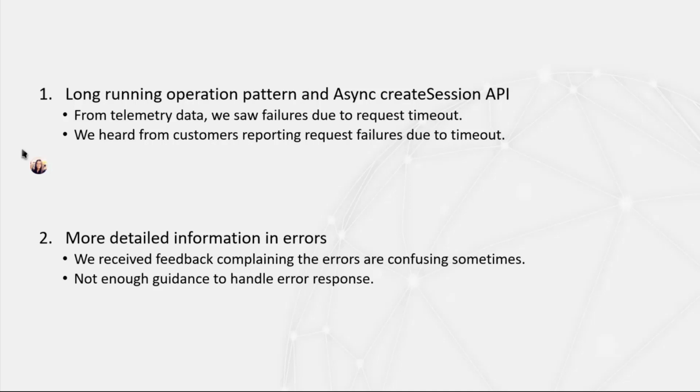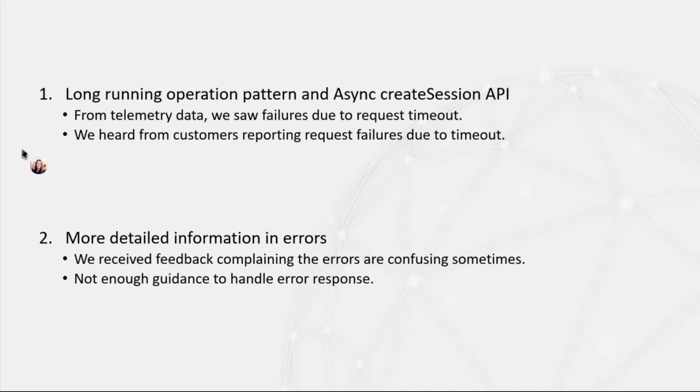So we decided to introduce the long-running operation model to address this issue, hoping that we could provide a more reliable Excel Graph service to our customers. We also completed one API in this model for the session creation scenario, which I will introduce with more details in the later slides.